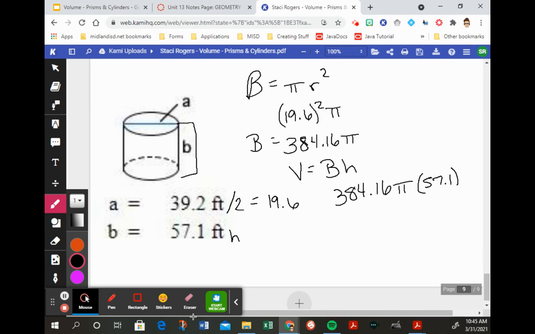So times 57.1. Enter. I get 21,935.5 pi cubic feet.